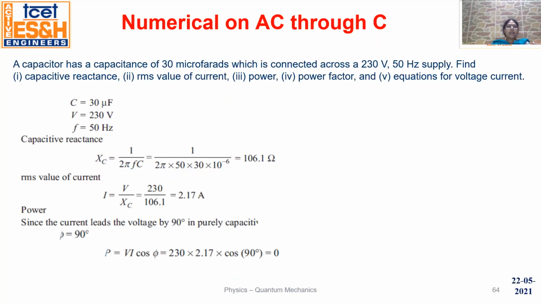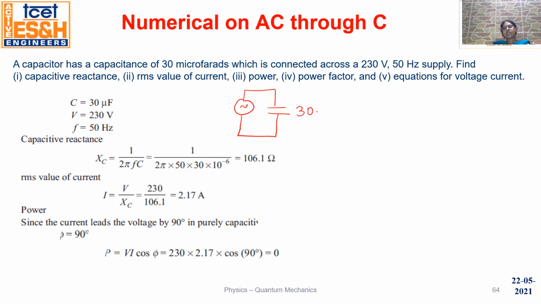Now this numerical: a capacitor has a capacitance of 30 microfarad, which is connected across a 230 volt, 50 hertz supply. Find the capacitive reactance, RMS value of current, power, power factor, and equation for voltage and current. Now the circuit looks like this. We have a capacitor.